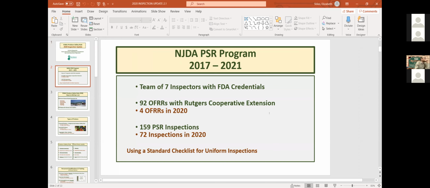We use a standard checklist so that we're doing a uniform inspection. What we've done, we've kept all of the observations and discussions, not from on-farm readiness reviews, but from inspections. And we're keeping a tab on how things are going and what we need to look out for.